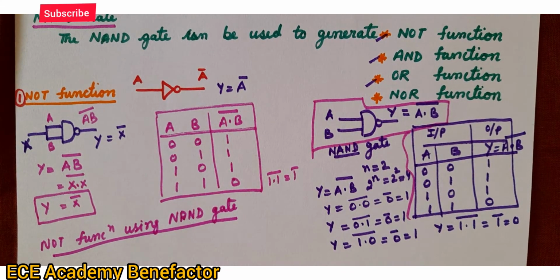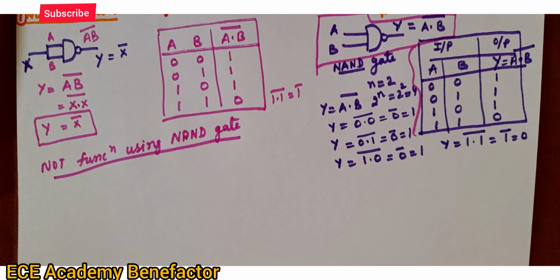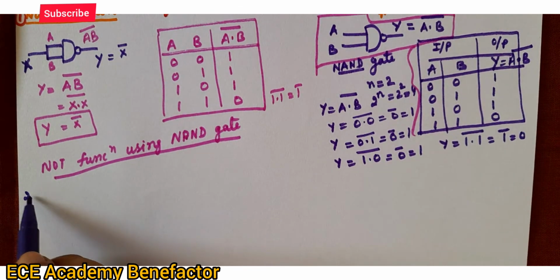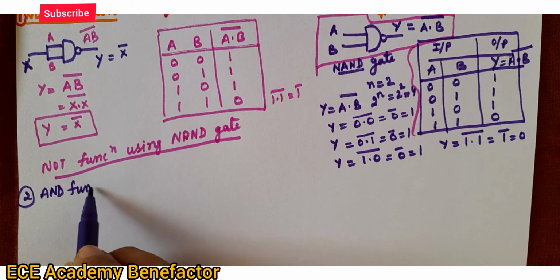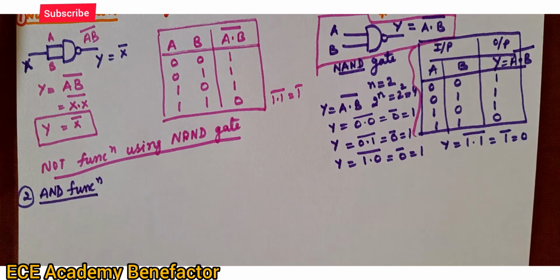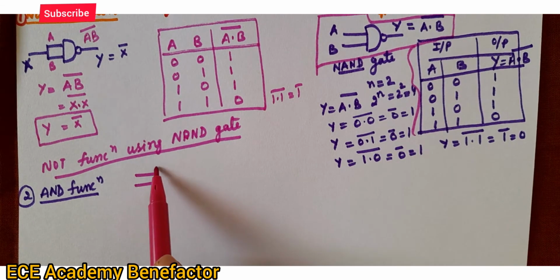Okay. Now, let us see how this NAND gate can be used for AND function. Sometimes we say function and sometimes we use the term gate. So, the AND gate symbol you know. The AND gate symbol is this one.